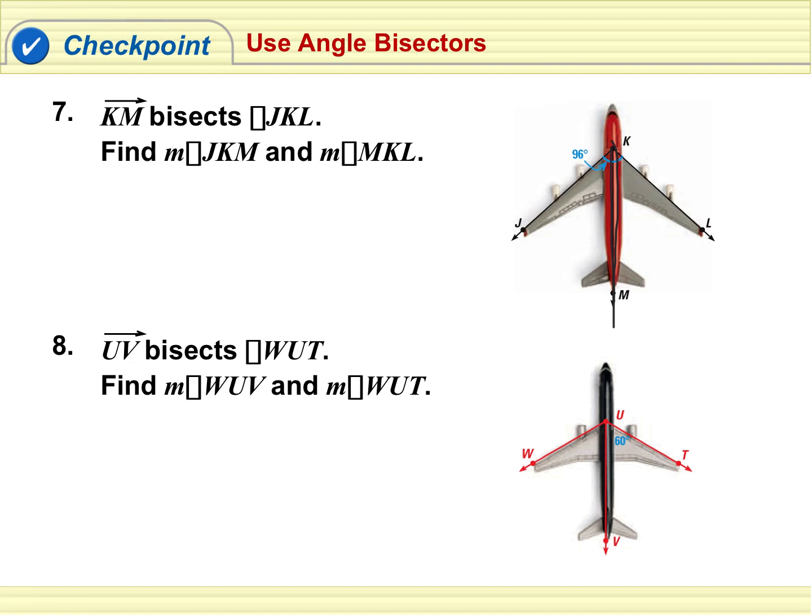It wants us to find this angle here and this angle here. How do we find that? Divide by 2, because bisect means split in half. What's 96 divided by 2? 48 degrees. Good. And both of them are 48, right?